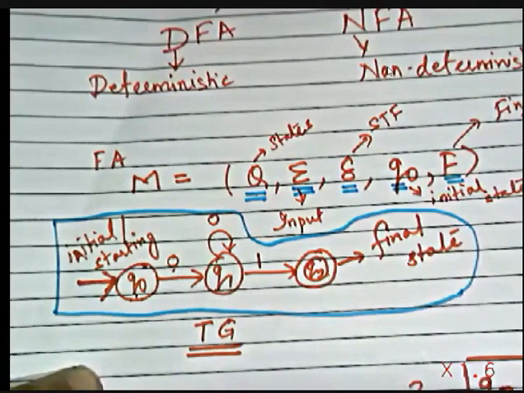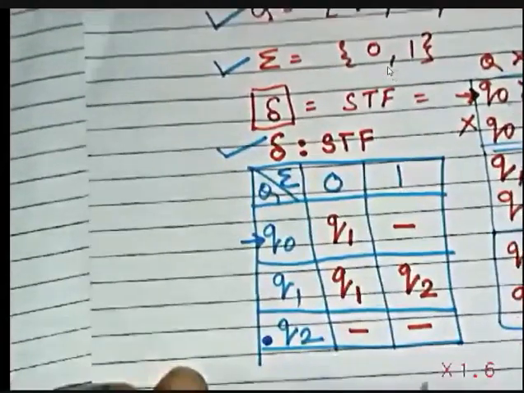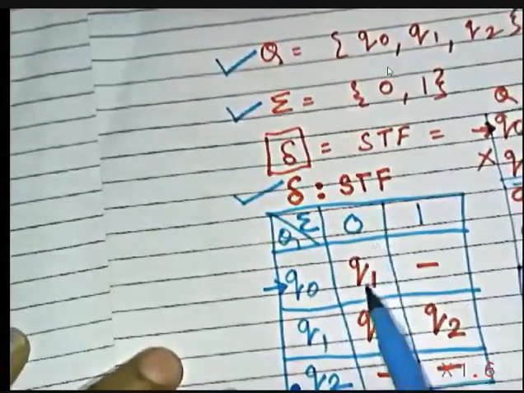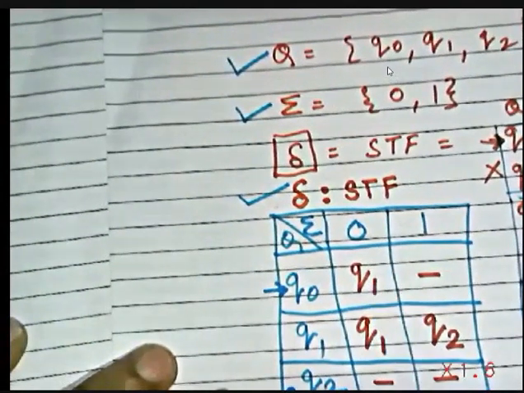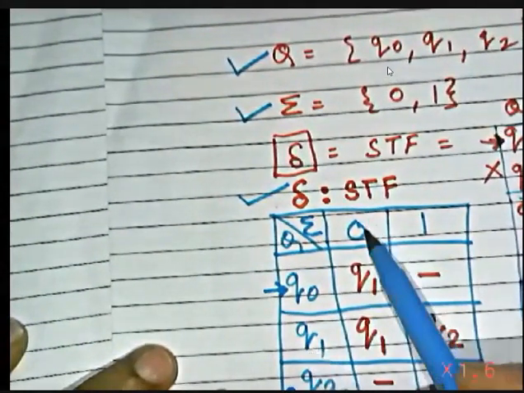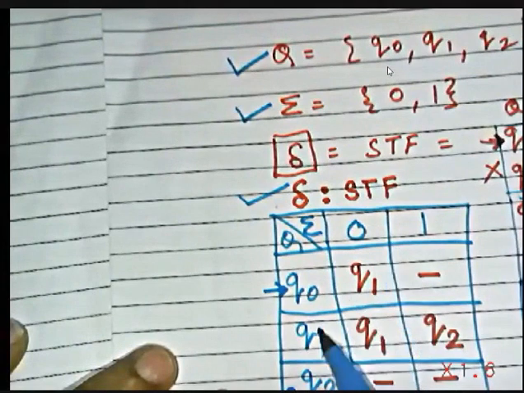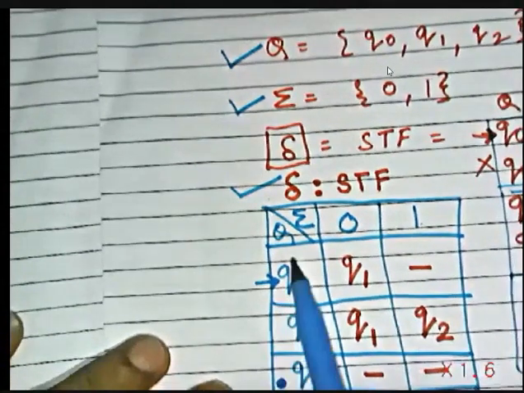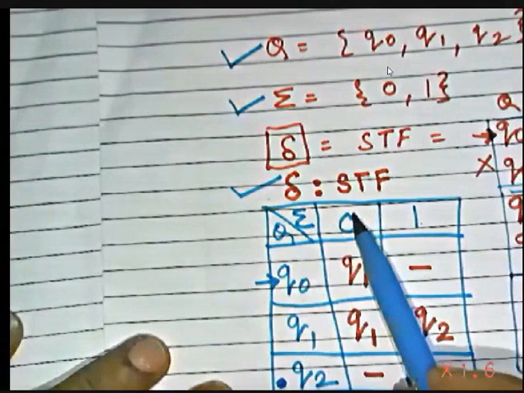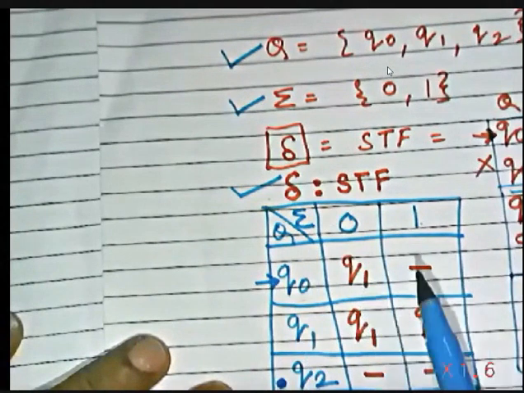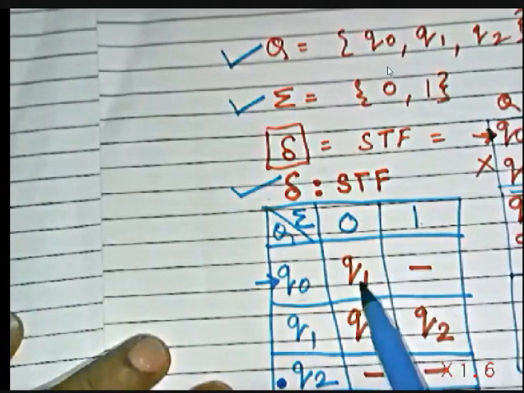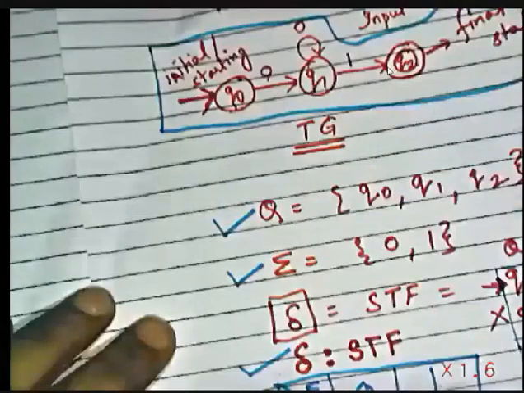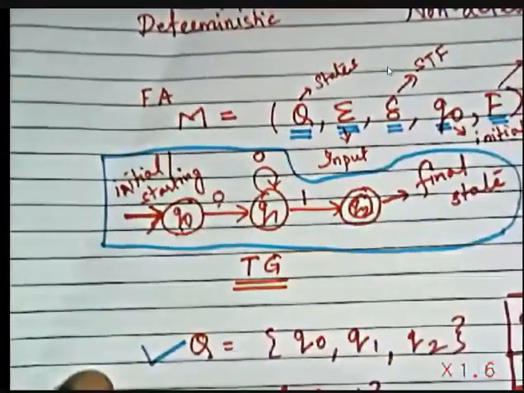So in any finite automata, we can easily represent it here also. Q0 on 0 moves to a single state Q1. Is it clear? Similarly, Q1 on 0 moves to a single state, and Q1 on 1 moves to a single state. So whenever with a current state and current input symbol you are moving to one and only one state, that type of finite automata is called a DFA, deterministic finite automata.